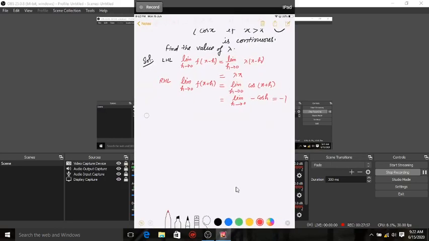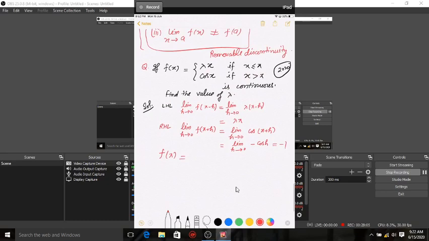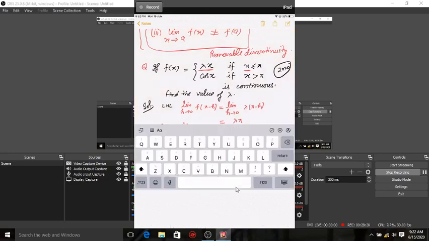Now, value of the function means what is the value of f(pi). So check for x equal to pi, the expression is lambda x. So we can use lambda and the value of x is pi. Now the left hand limit is lambda into pi. Value of the function is also lambda into pi, and the right hand limit is minus 1.